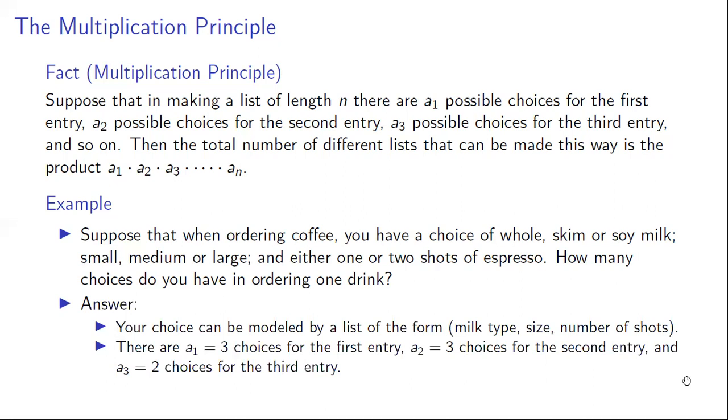And then a2 would be 3 choices for the second entry, because you have 3 different sizes. And a3 would be 2, which is the 1 or 2 shots of espresso. Those are 2 different options. So by the multiplication principle, the total number of choices is 3 times 3 times 2, or 18.